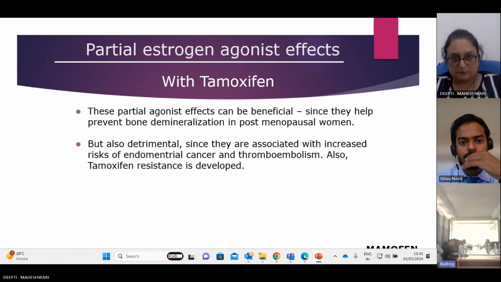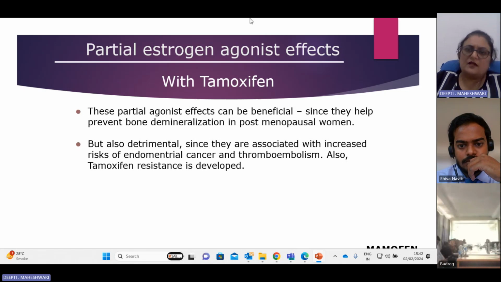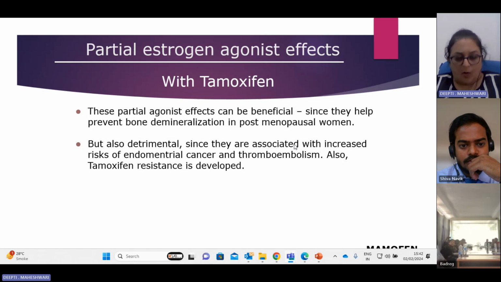Yes, it's clear. Okay. So there are some partial estrogen agonist effects of tamoxifen. Since it's a hormonal treatment, there are partial estrogen agonist effects, and some of these are good because it prevents bone demineralization in postmenopausal women.